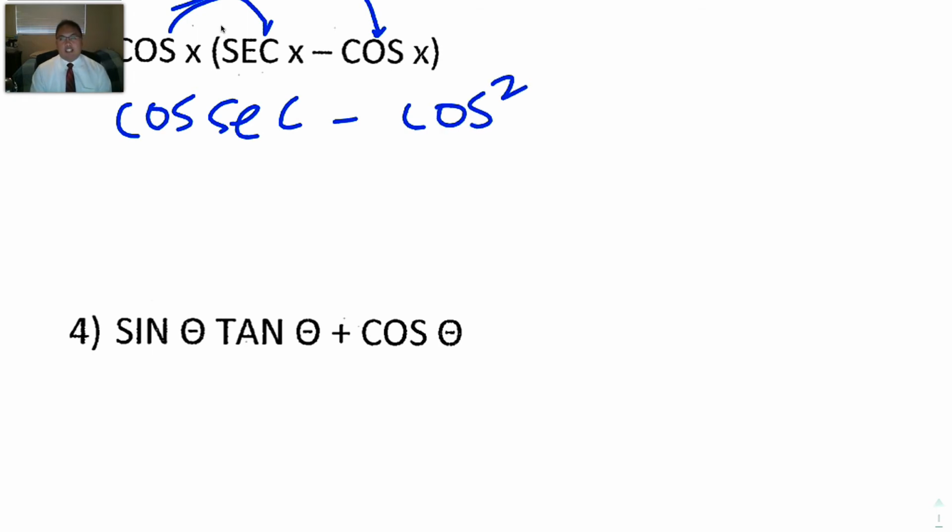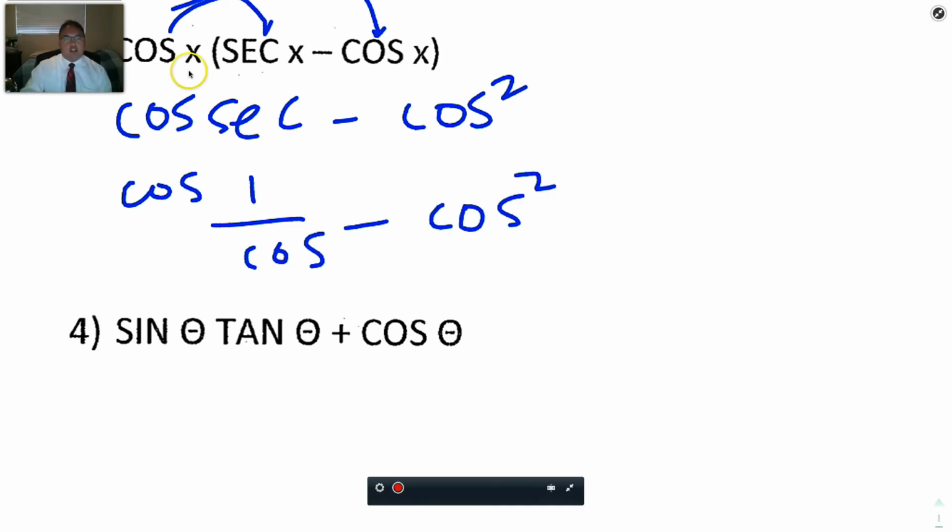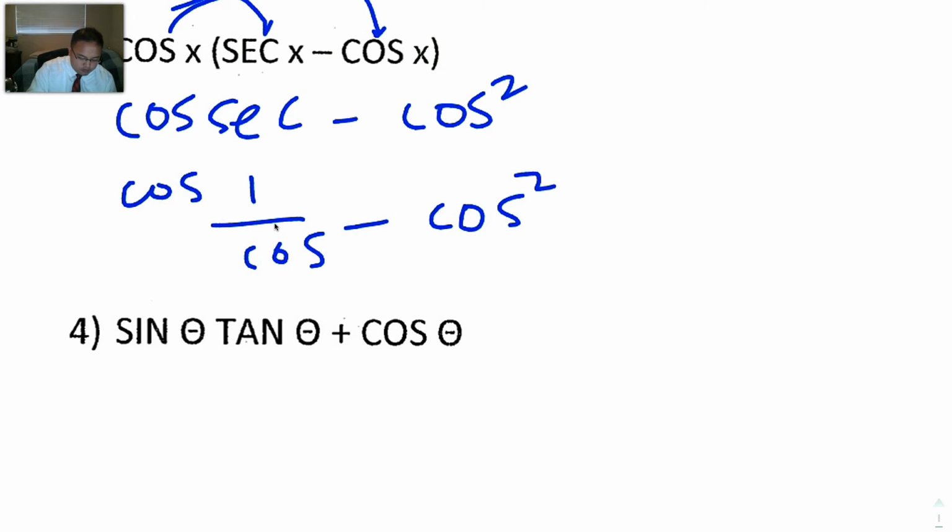Again, I want to convert everything into sines and cosines, so I notice a secant. So I'm going to convert the secant into 1 over cosine. And right away you should notice that I have a cosine multiplied by a 1 over cosine. These will cancel, and this will leave me with a 1. So this whole thing simplifies into just 1 minus cosine squared.